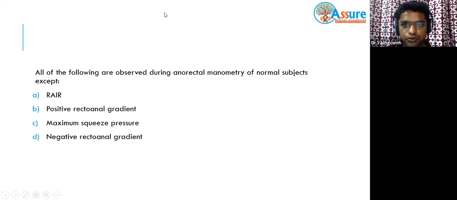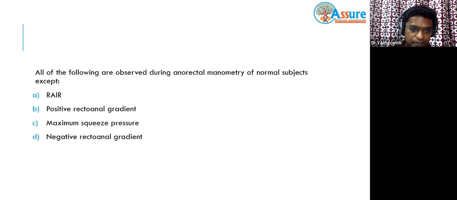So a question to you: either you can put it in the chat box, or you can tell it to me. All of the following are observed during anorectal manometry for normal subjects, except: RAIR, positive rectoanal gradient, maximum squeeze pressure, negative rectoanal gradient.